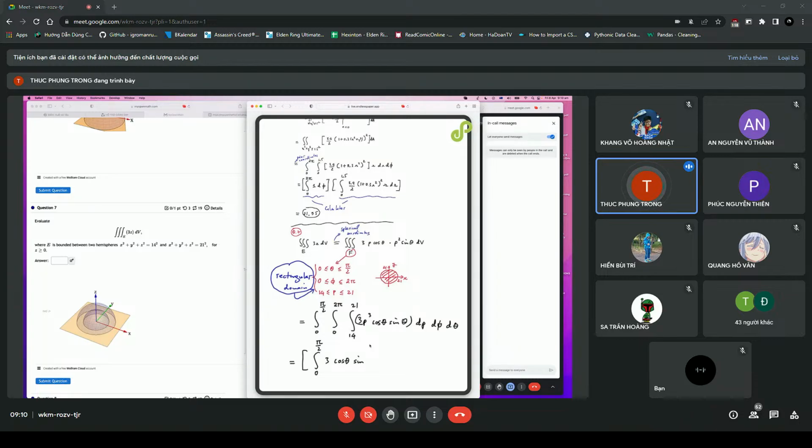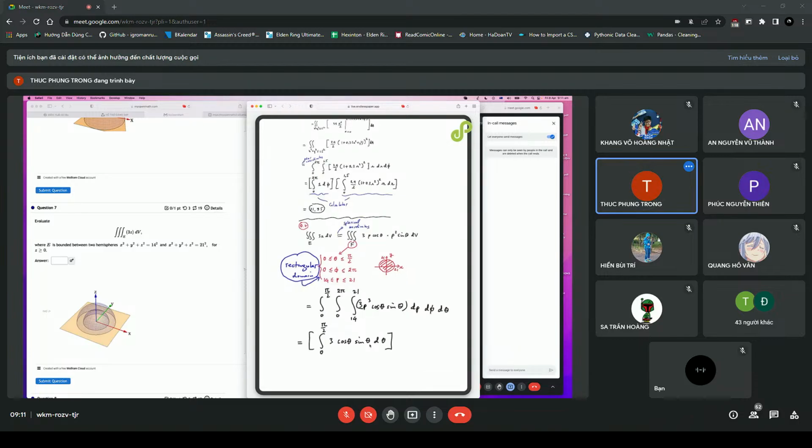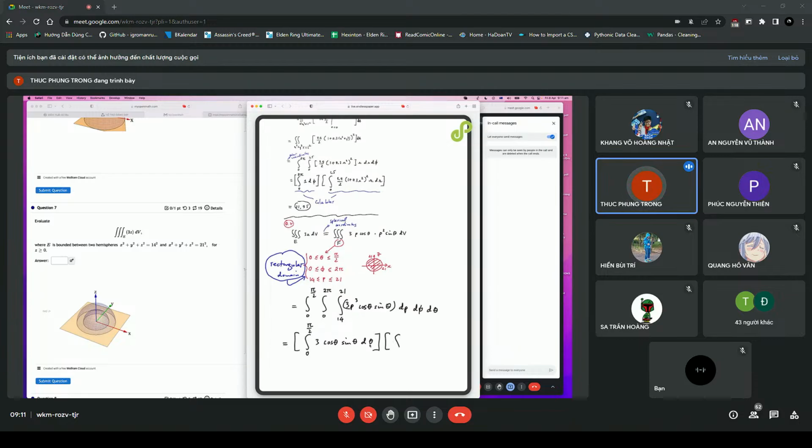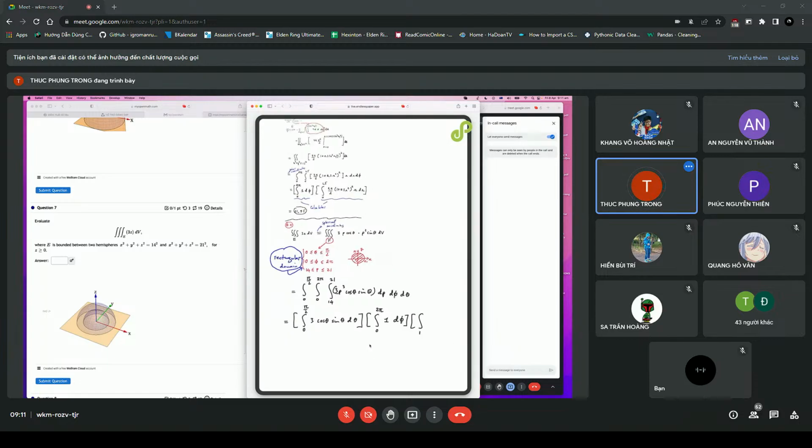So I just pick up the number 3 inside, but if you don't want, you can leave it anywhere you want. So from 0 to 2 pi, we have no theta, we have 1 d theta. And the last one we have from 14 to 21, rho cubed, d rho.